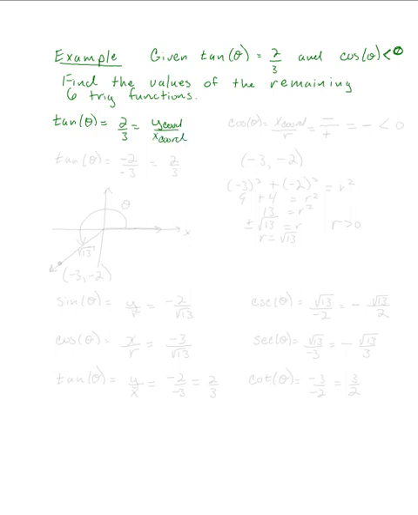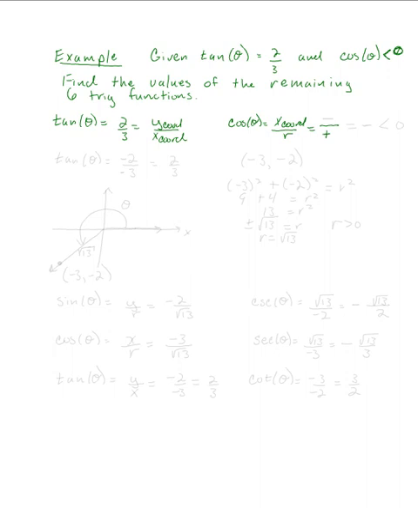But let's look a little bit closer. They've also given us another clue that says that the cosine of theta is less than 0. Okay, so let's think about what that means. Well, remember that the cosine of theta is defined as the x-coordinate over r. And what they're telling us here is that that number is less than 0. Well, remember that r is always positive, always.